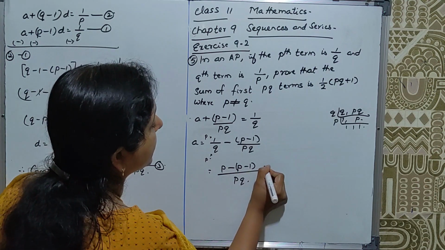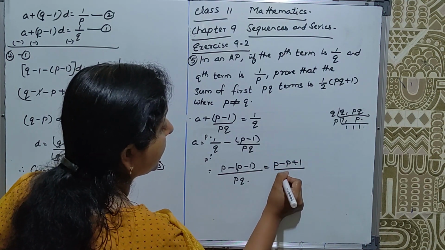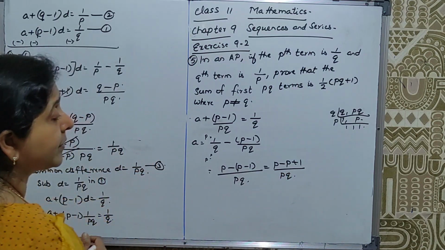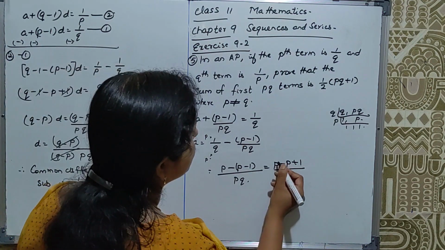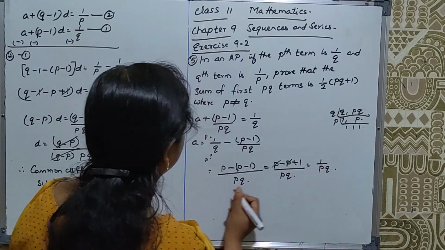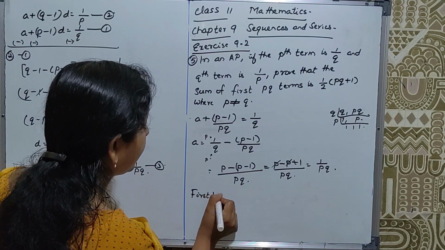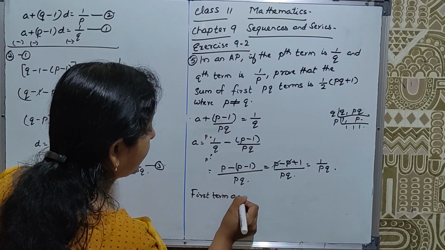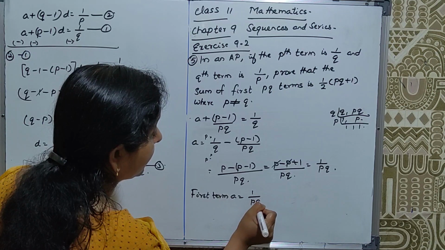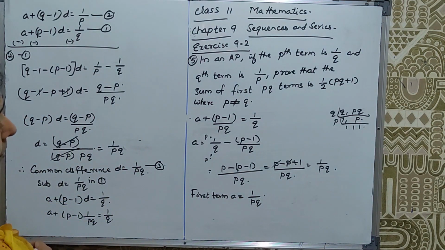Now when you open the bracket, p minus p plus 1 divided by pq. Now minus p plus p will be cancelled. You will get the answer 1 by pq. So you got the first term a equal to 1 by pq.